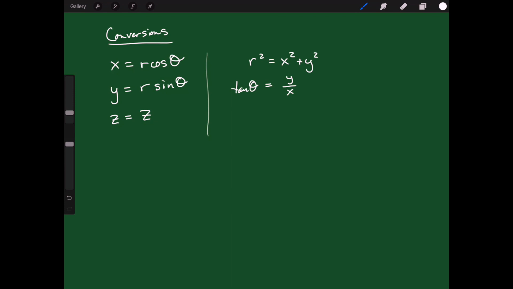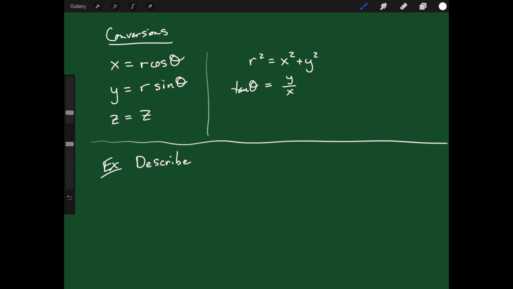Okay, so real quick, let's do a quick example. Let's describe the curve z equals r in cylindrical coordinates.